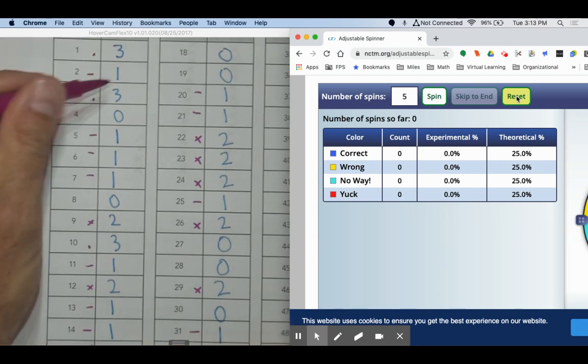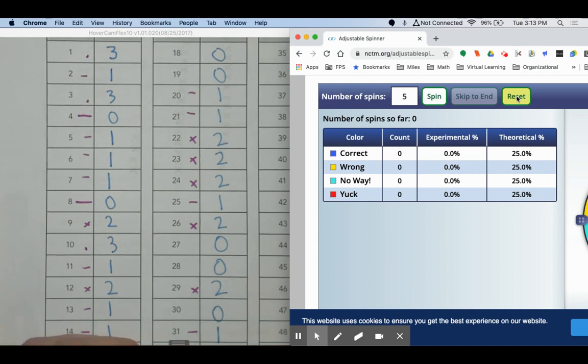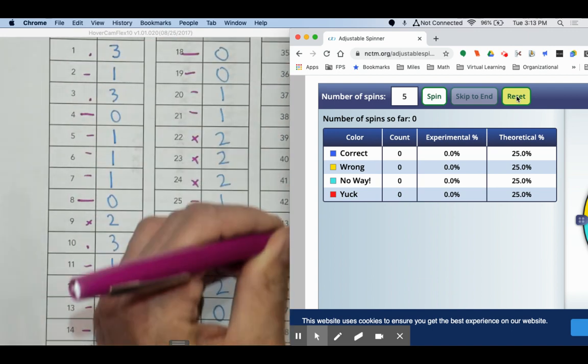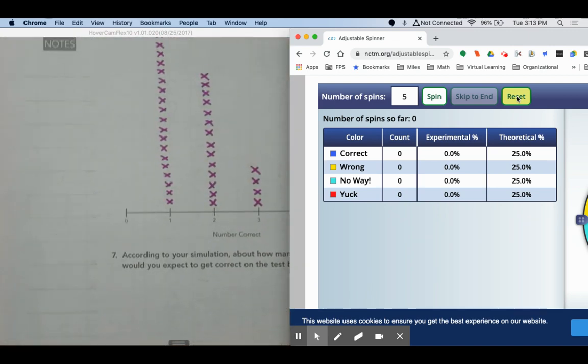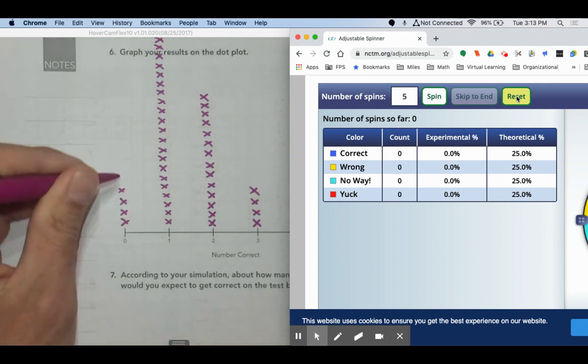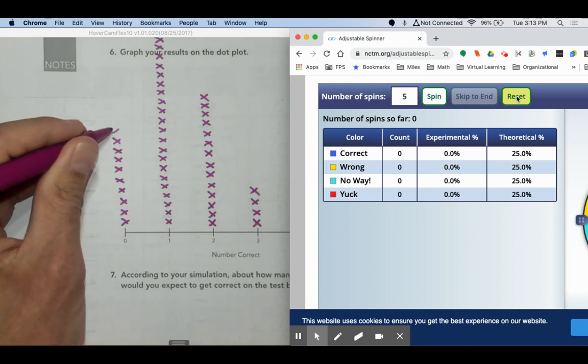Then zeros. 1, 2, 3, 4, 5, 6, 7, 8, 9, 10. My sister's dog. 1, 2, 3, 4, 5, 6, 7, 8, 9, 10.